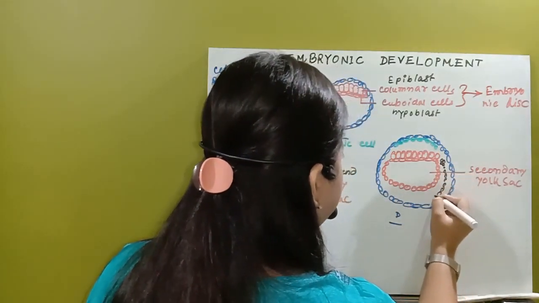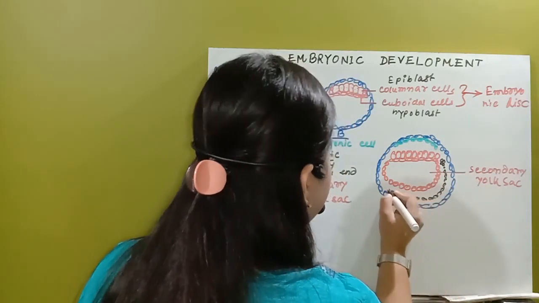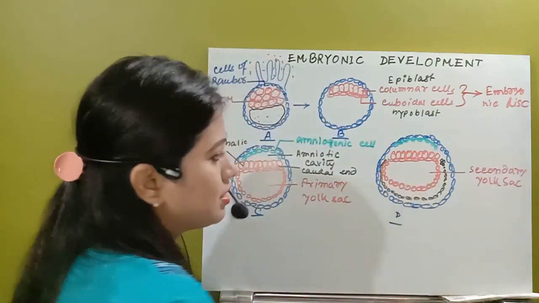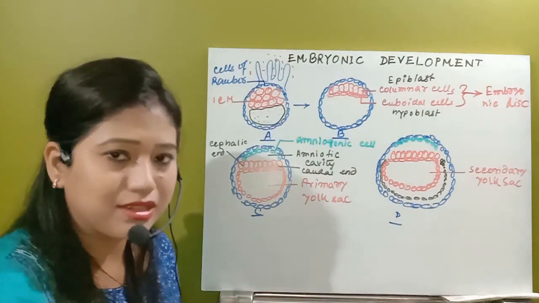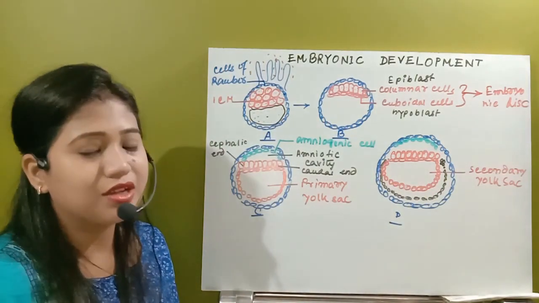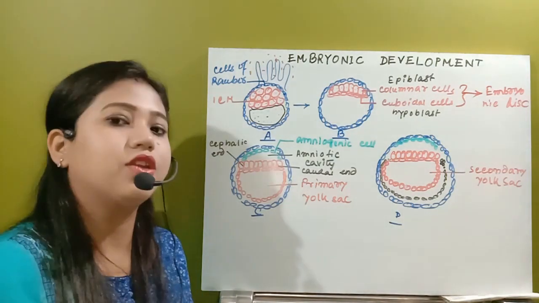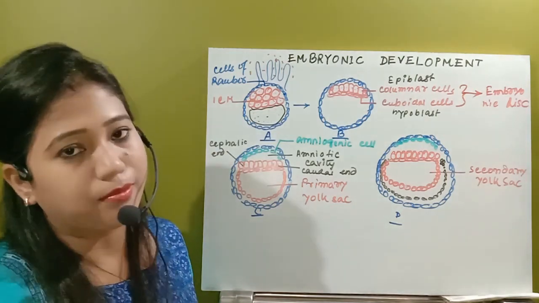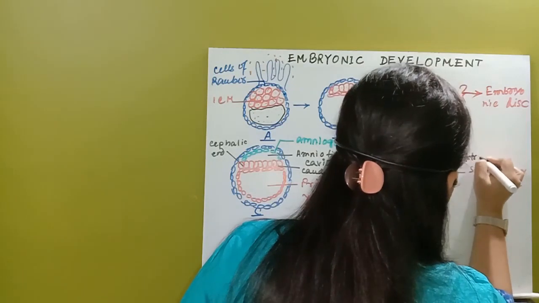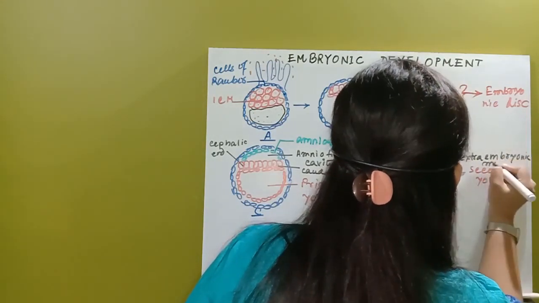So it forms the extra embryonic membranes. We have two extra embryonic membranes here from these cells. This is actually the extra embryonic mesoderm. This mesodermic cell layer will not form any of the tissues of the embryo, but it will help in the formation of extra embryonic membranes.